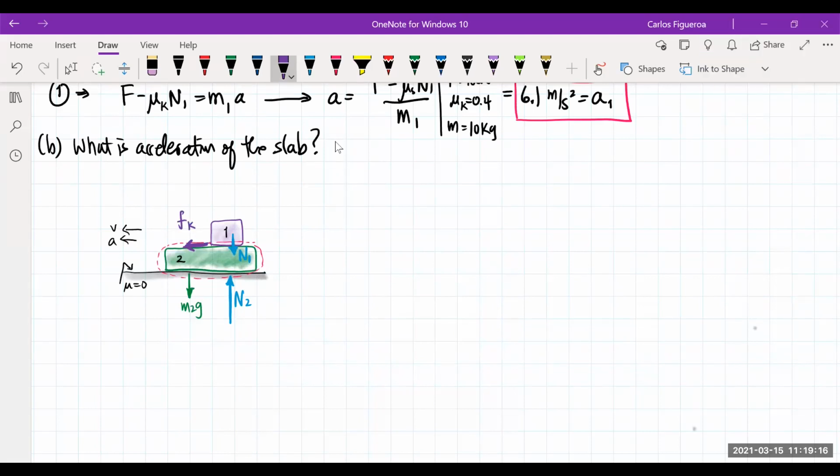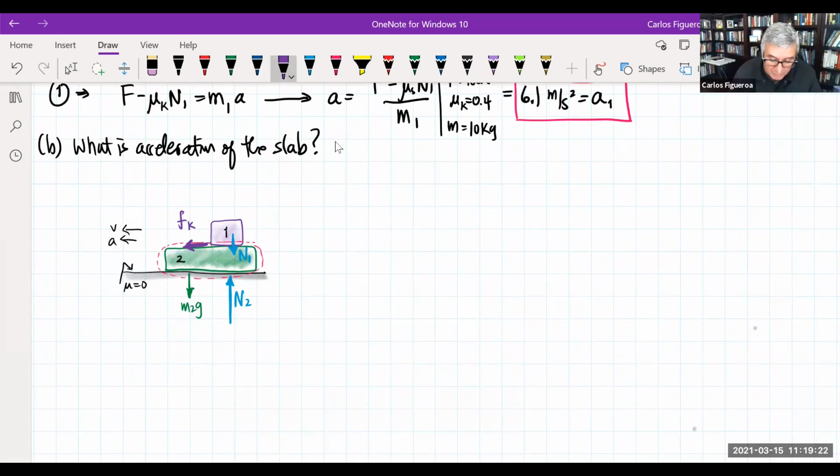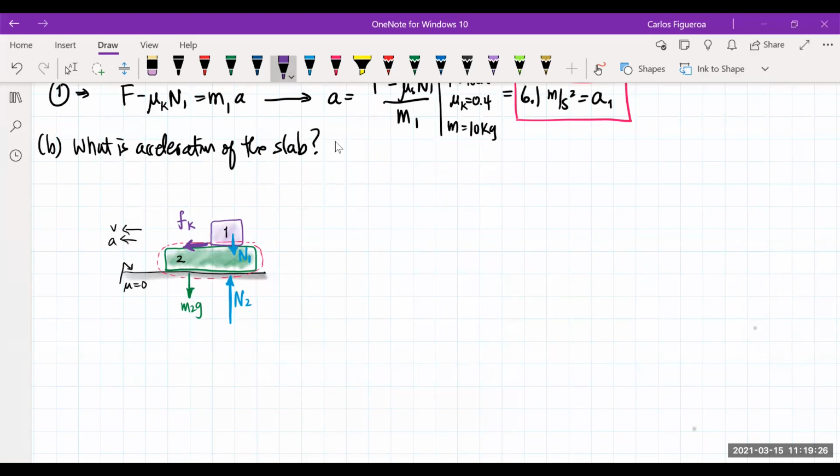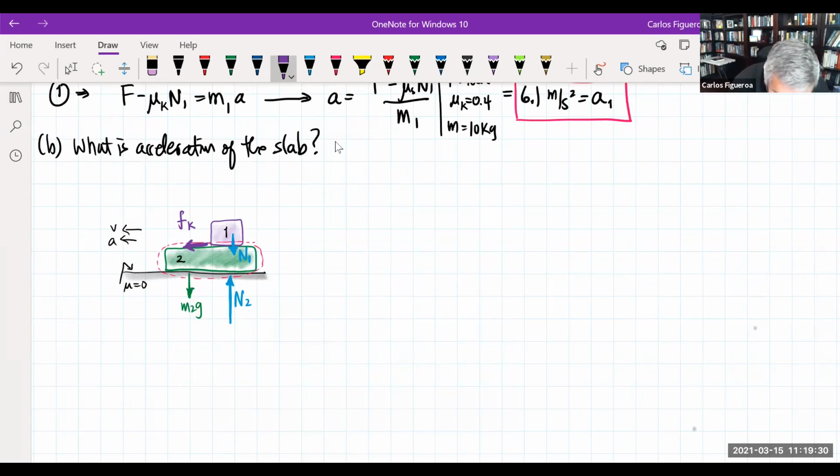Can you elaborate a little bit more on how to determine the direction of the frictional force? Sure. Let's draw a second picture first. What I want to do here is look at the green block. If I look at the green block, you could see that I have that scenario right here.